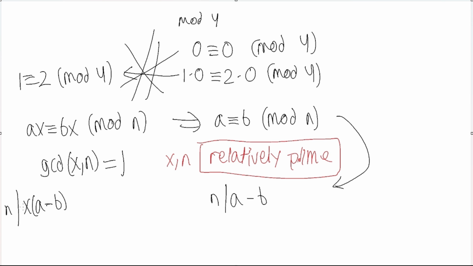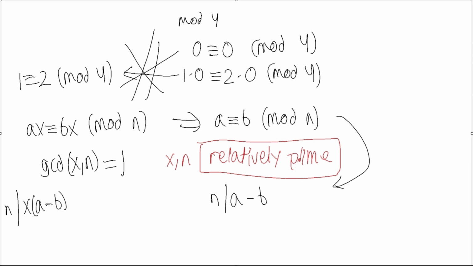We want to get rid of this factor of x and make it such that n divides a minus b. But this x here does not share any prime factors, or any factor greater than 1, with n, which means that this x is basically useless, so we just eliminate it. And therefore n divides a minus b. So a is equivalent to b mod n.